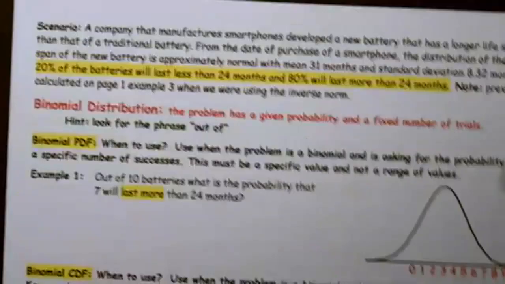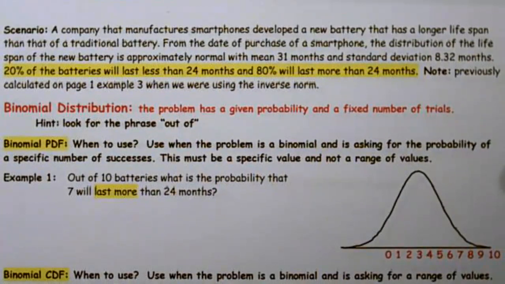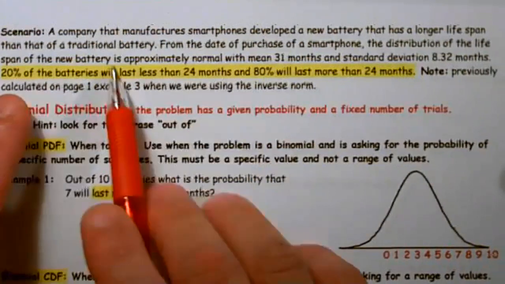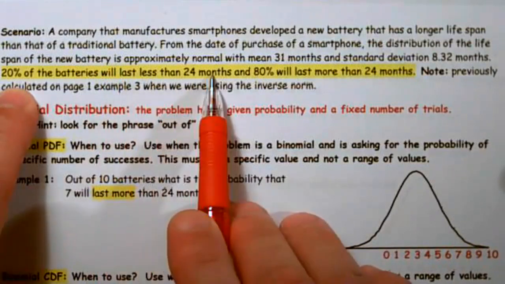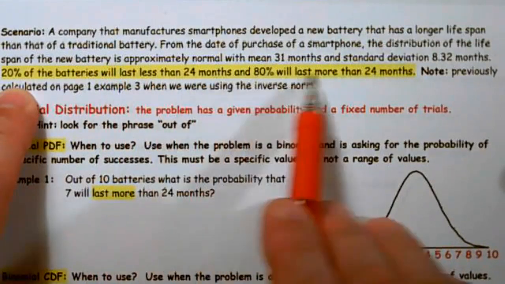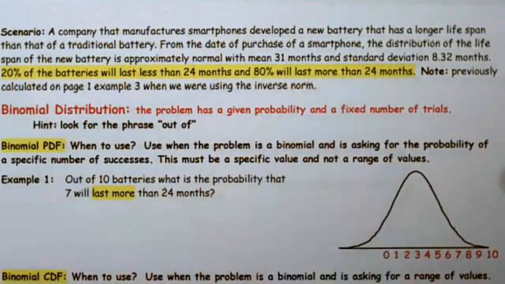Okay, so we've been working with the normal, but that really wasn't what people were most concerned about. What they were most concerned about was the binomial PDF and CDFs and the geometric PDFs and CDFs. So we're going to still keep with the same scenario, but notice I added this highlighted part. It says 20% of the batteries will last less than 24 months and 80% will last more than 24 months. We actually calculated that earlier when we did the inverse norm.